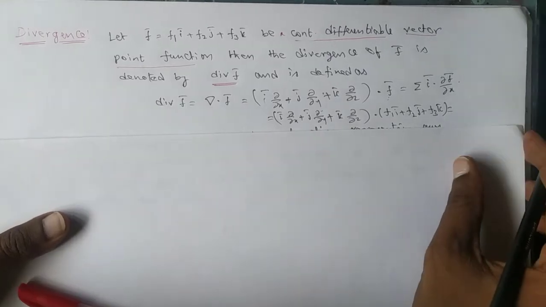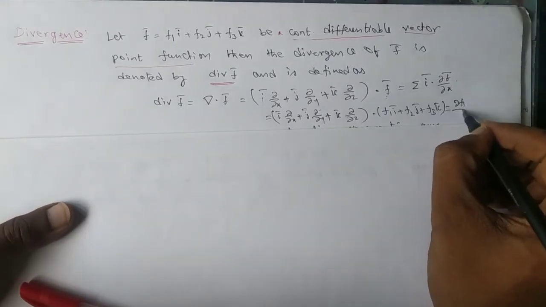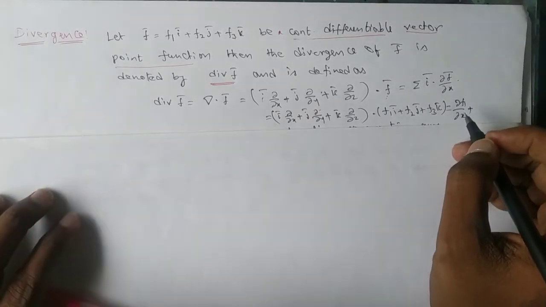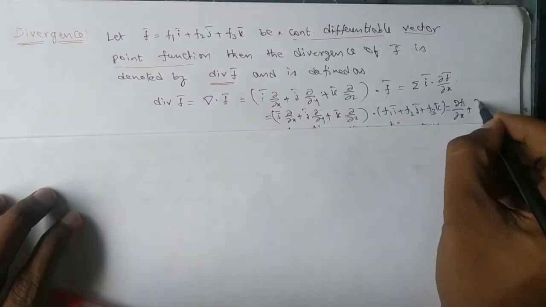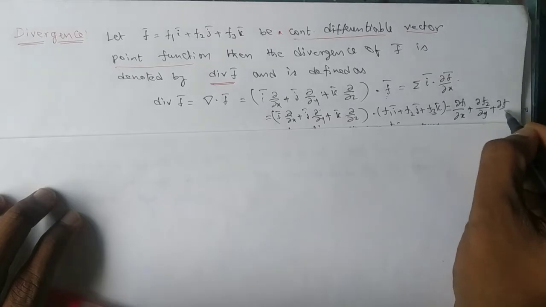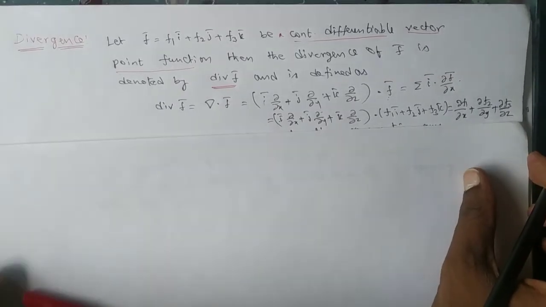If you want to calculate this, just like a bar dot b bar, i bar dot i bar, it becomes dou f1 by dou x plus dou f2 by dou y plus dou f3 by dou z. For our calculations, we just use this formula.